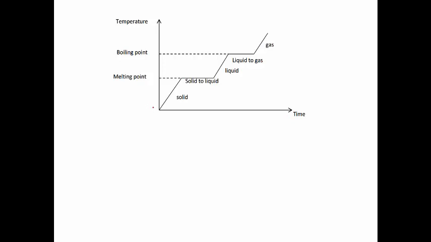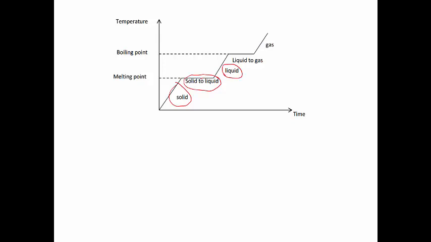When the temperature rises, initially the substance is solid in this region. When it reaches the melting point, it melts, and some stays solid and some becomes liquid. After the temperature moves above the melting point, the substance all changes to what? Liquid.